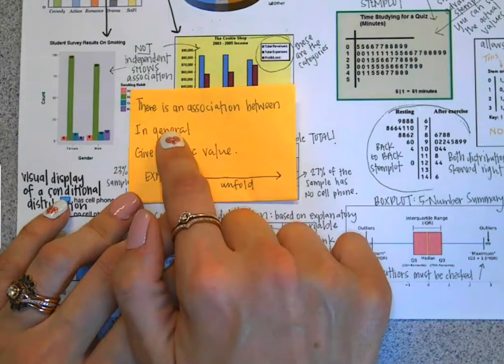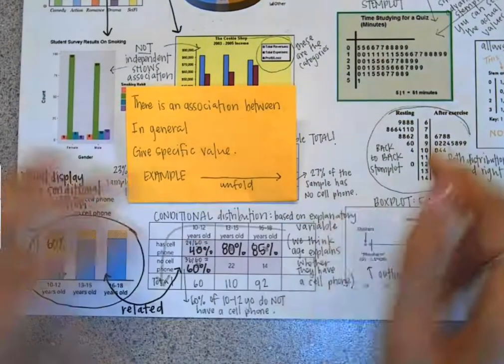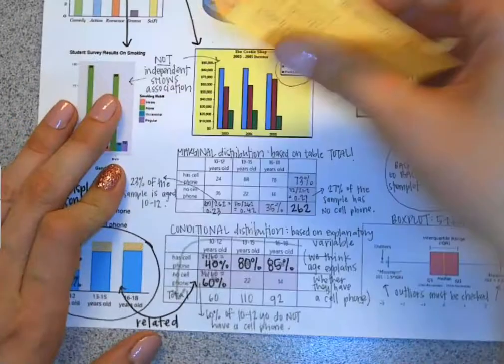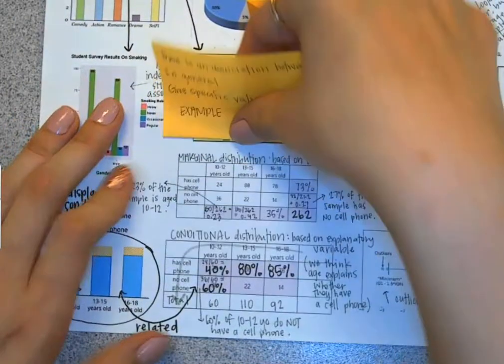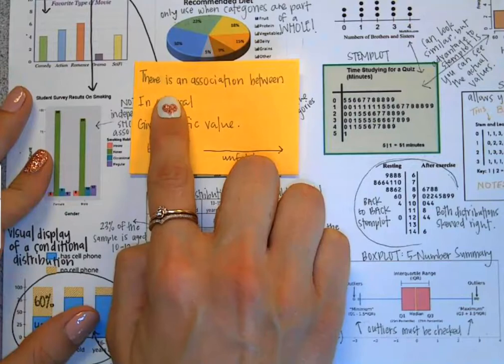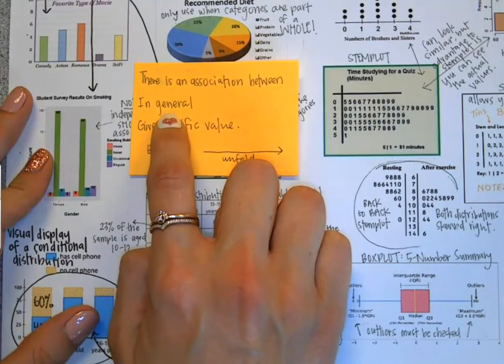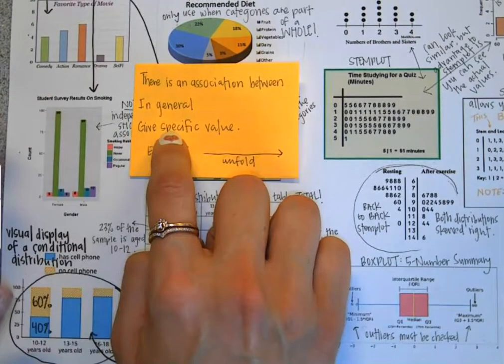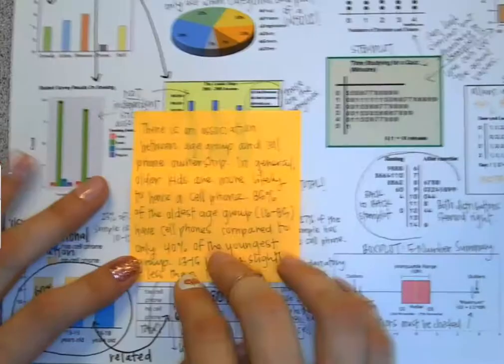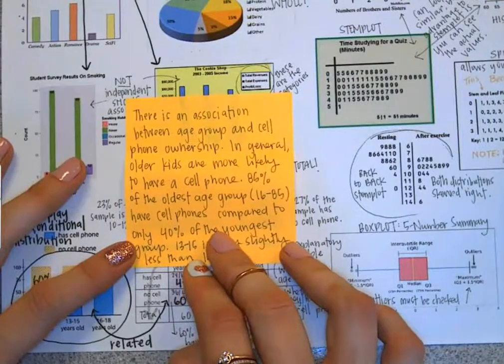In general, give specific values. So I have written this up specifically in terms of this cell phone problem. So these are the 3 things that you have to do. Say there's an association, say in general, and give context, and then give a specific value. So that is the response for cell phones and age group.